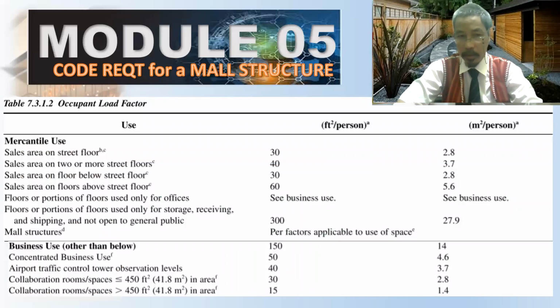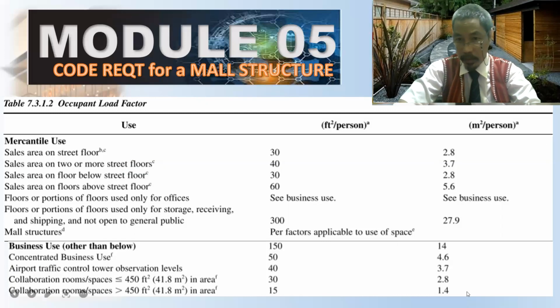So for the requirements of a mall structure, let's take a look and find out which one is the applicable occupant load factor. We have Table 7.3.1.2 here of the code, and because we know that it is mercantile use, from the mercantile table we can see: sales area on street floor 2.8, sales area on 2 or more street floors 3.7.